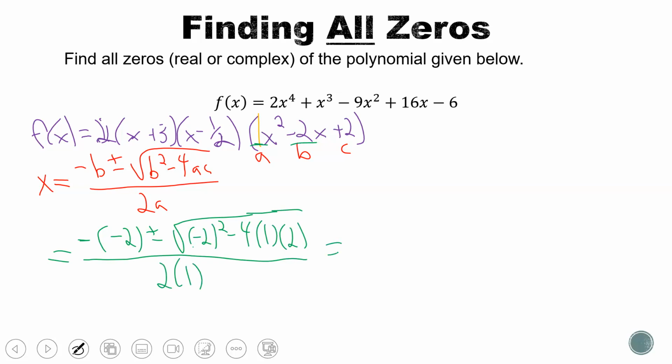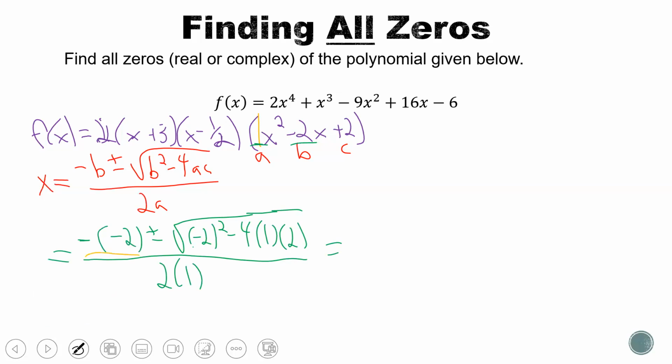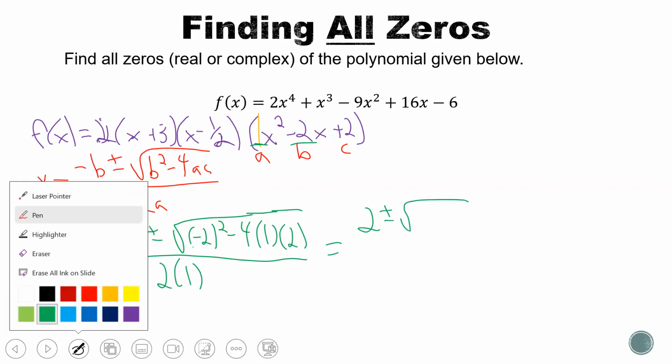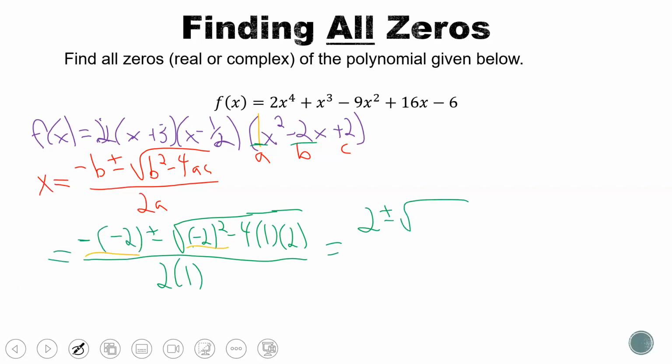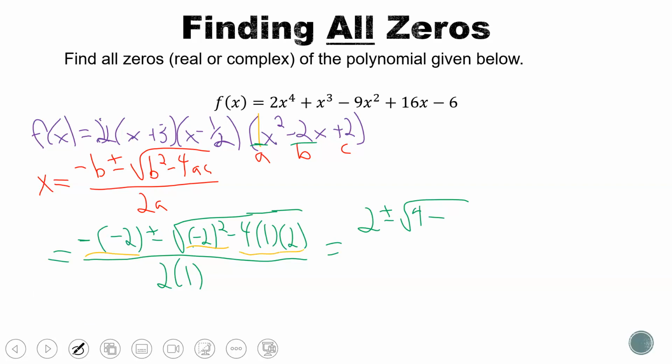Go through and do some simplifying. If we do that, the minus and the minus with the 2 here gives us positive 2 plus or minus square root. The negative 2 squared here is positive 4 minus the negative 4 times 1 times 2, that gives us minus 8, over 2 times 1 is 2.